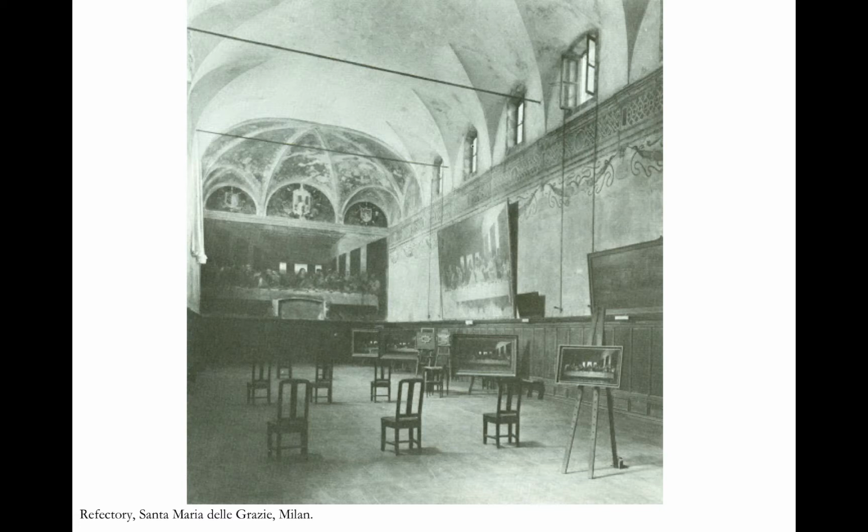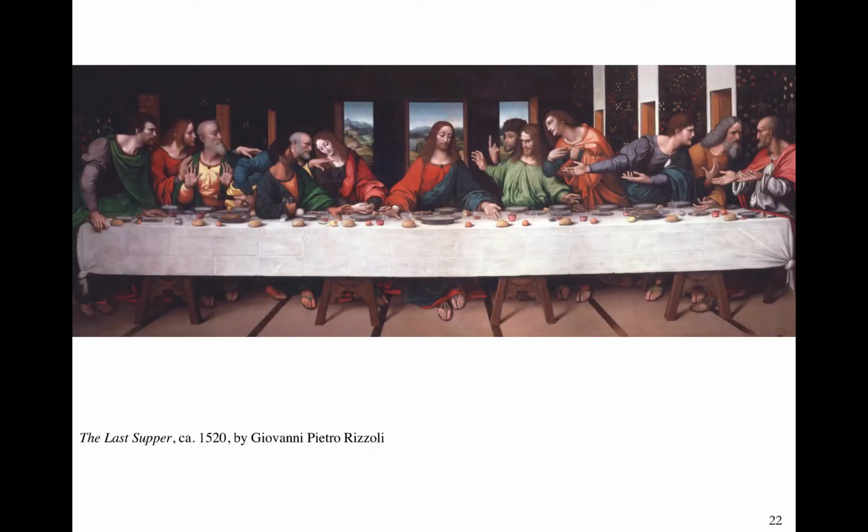You can see in this particular photo easels set up where students are looking at and copying the painting. This is currently in the collection of the Royal Academy of Arts in London, and it is an accurate full-scale copy that was the main source for the 20-year restoration that happened from 1978 to 1998.